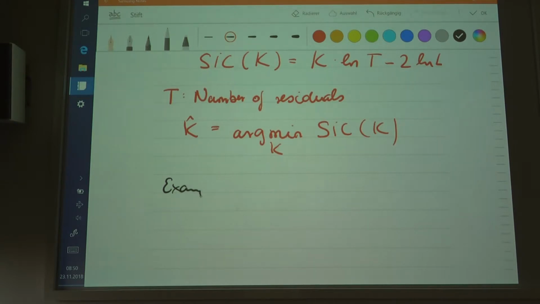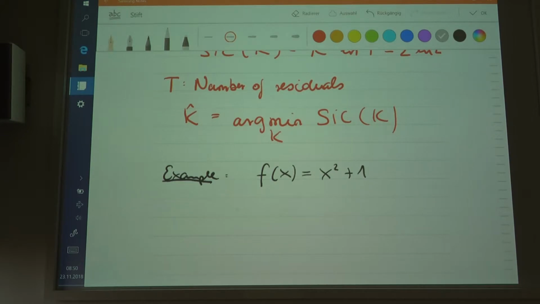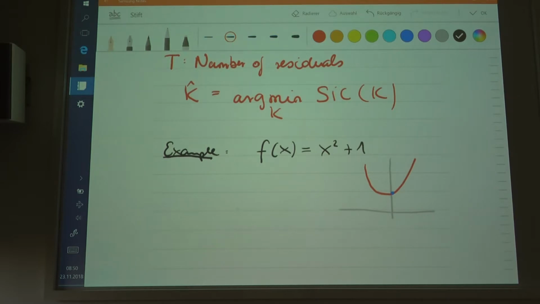This is just an example, and it does not relate to the information criteria. Let's say you have the parabola plus 1, and this is how the function looks. Here you have the minimum of the function, and the minimum of the function is equal to 1.